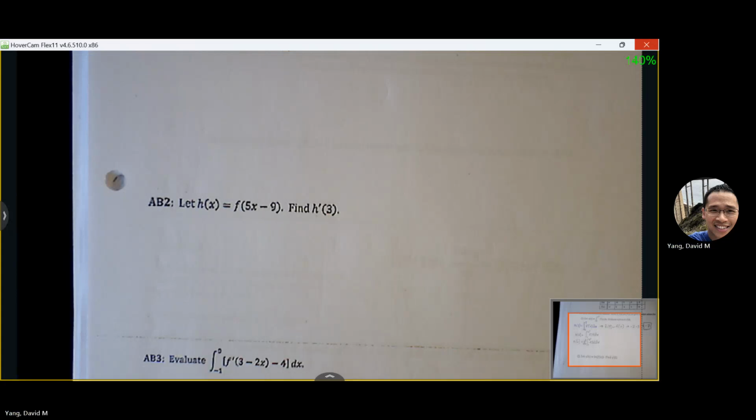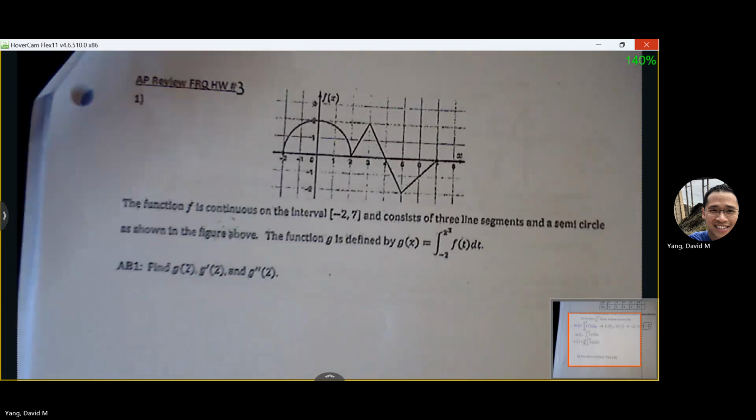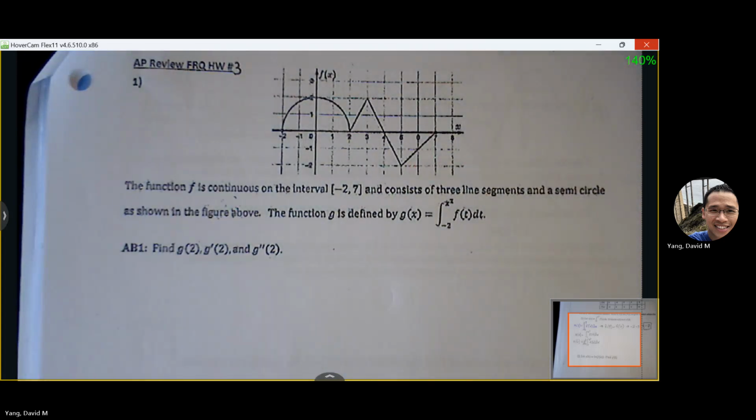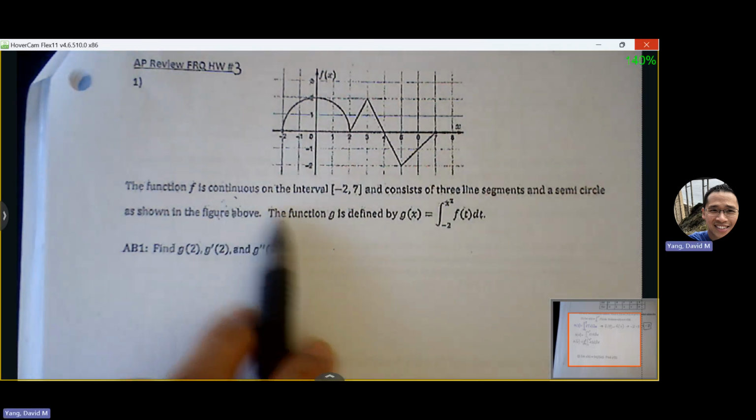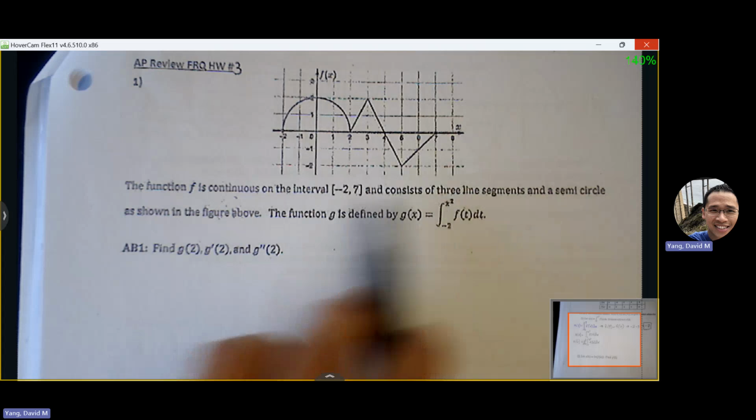Okay, page 17. The function f is continuous, consists of 3 line segments, 1, 2, 3, and a semicircle.